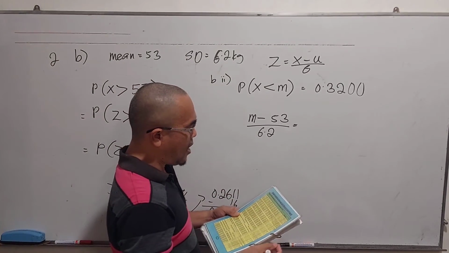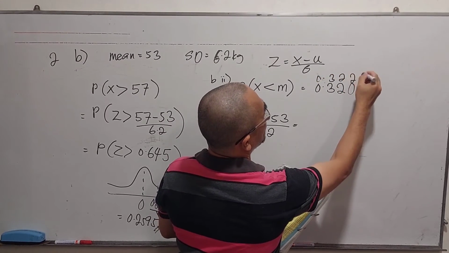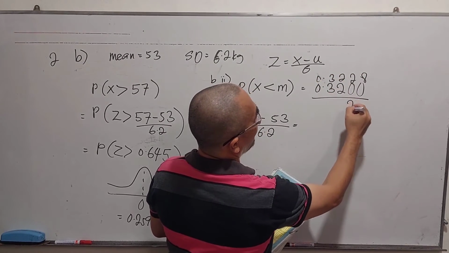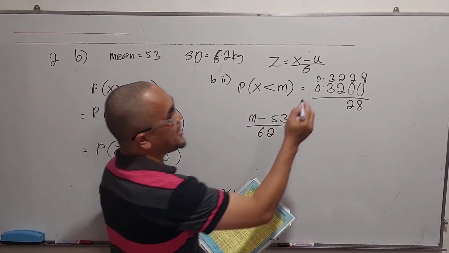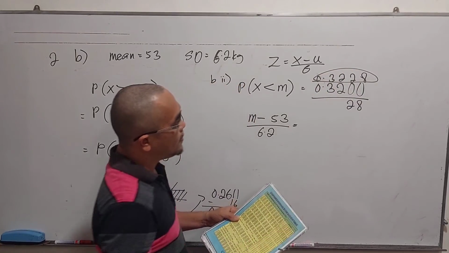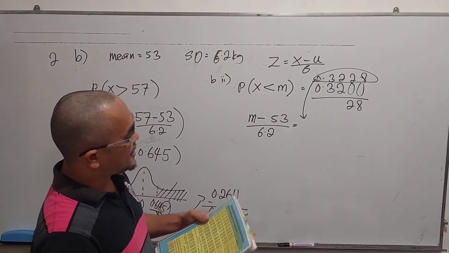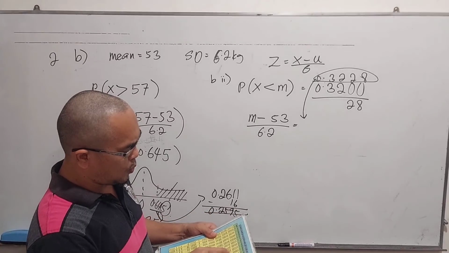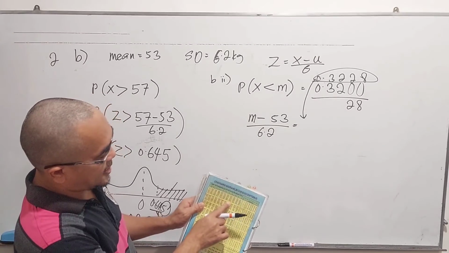So I found 0.3228. So we have 28 more than what is necessary. So the reading of this value will be written here. 3228 will be 0.46. Okay, here.